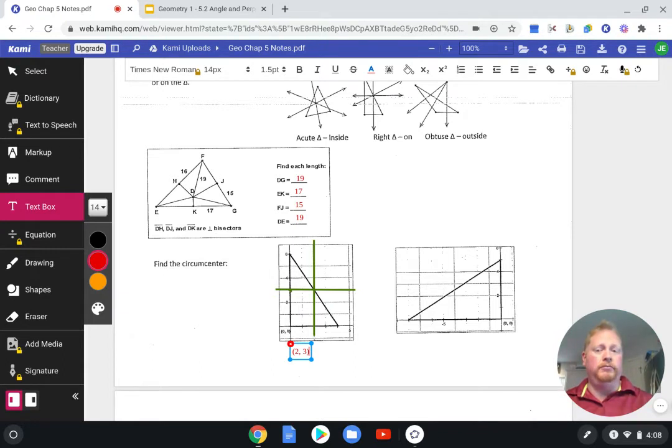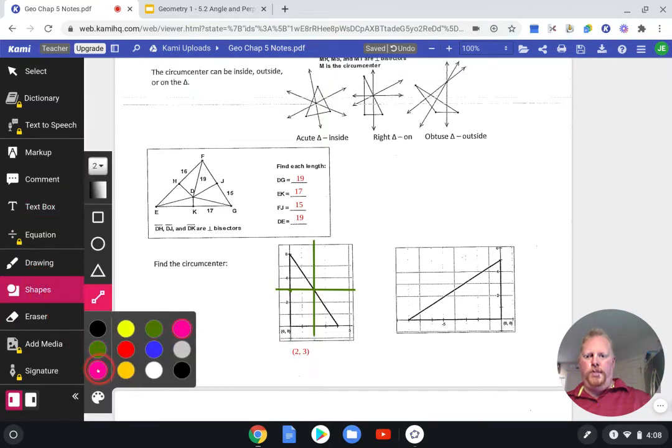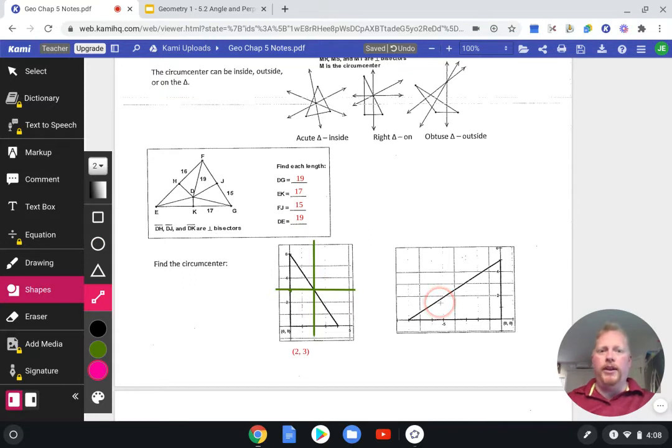Easy enough. Let's do another one. Let's go with a different shade. Let's go with pink. So I'll do the same thing over here. One side is perfectly horizontal, one side is perfectly vertical. Makes it nice and easy. So looks like this side is 5, 6, 7, 8 units long.